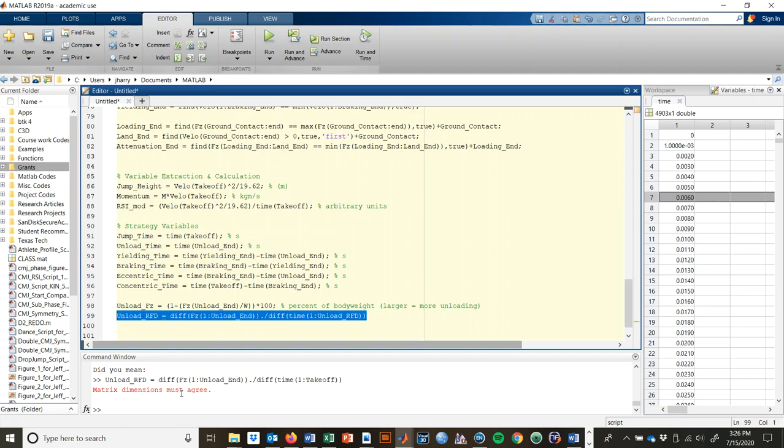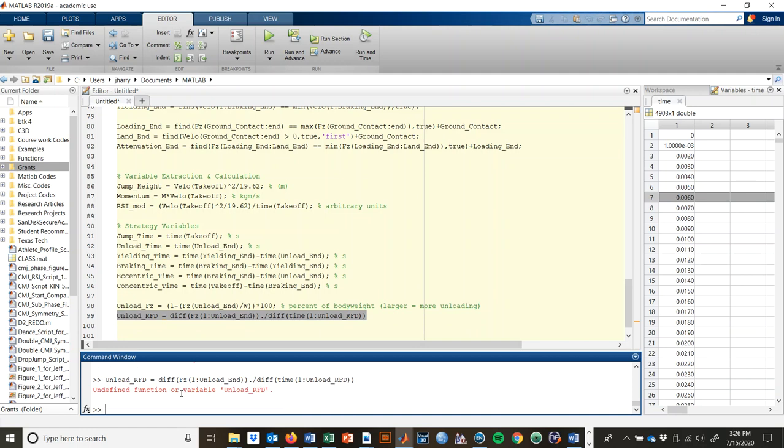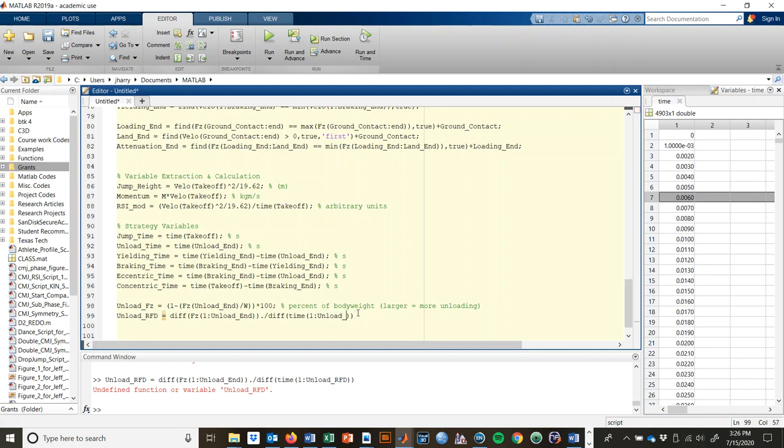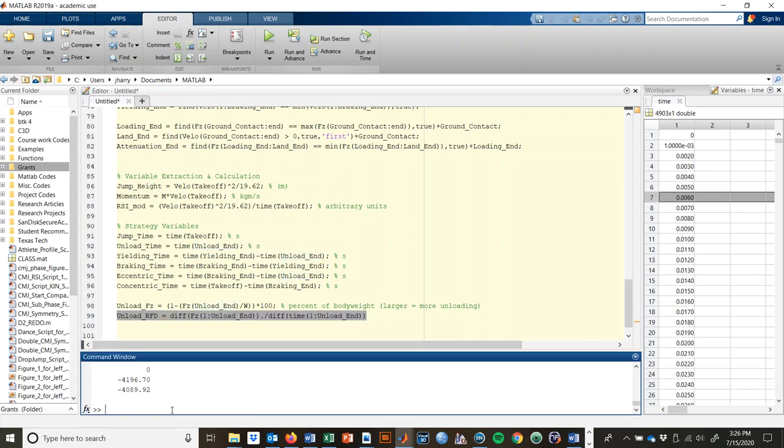So that probably means my previous attempt would work. Unload RFD. Oh my gosh. Look at all these boo-boos. Let's do what we need to do here. Unload end. Gosh, I can't even remember what the variable names were. There we go. So there's that derivative. It pops into the command window.